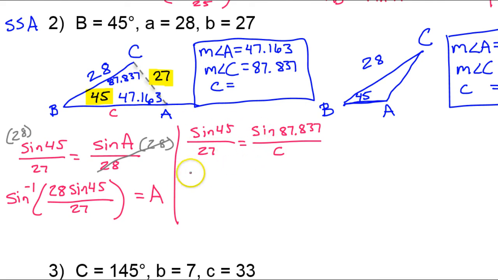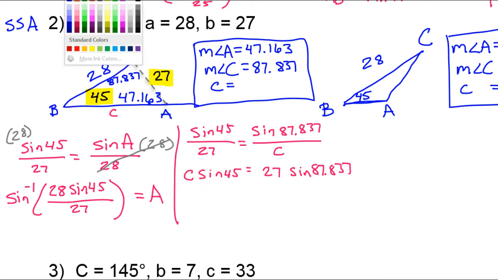So I can solve this. I'm going to cross multiply. So that'll give me C sine 45 is equal to 27 sine 87.837. To get C by itself, I need to divide both sides by sine 45.